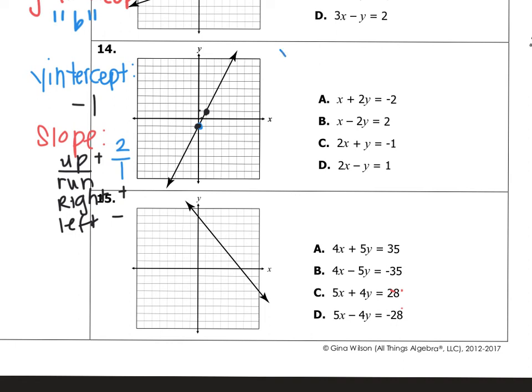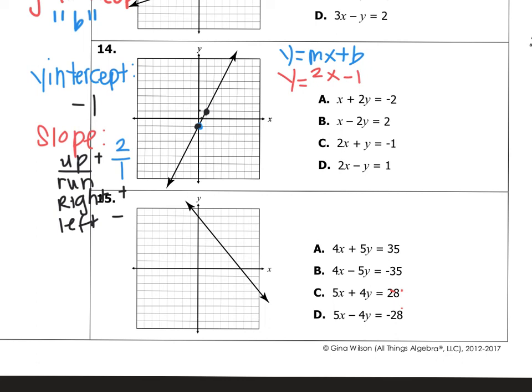So if I'm going to go into y equals mx plus b form, let's fill this in. It's going to be y equals, my m is 2 over 1, or just 2x, and my b is minus 1.